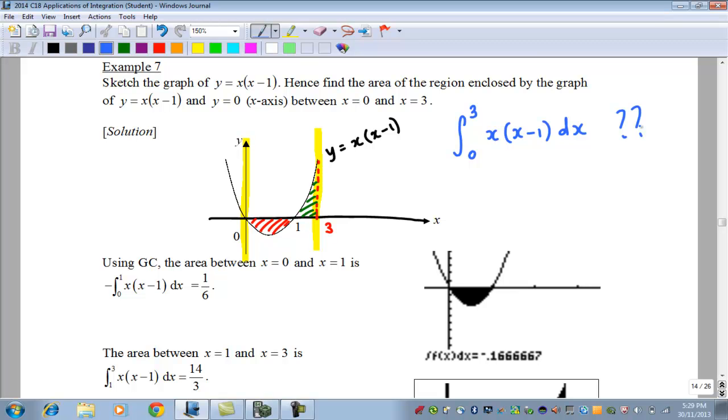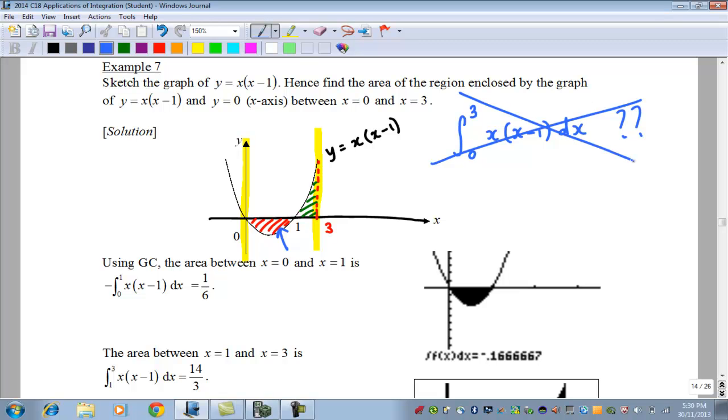The answer is no. Why is it not possible for us to do it this way? Because this red shaded part is actually below the x-axis. Recall that if I have a region below the x-axis, I have to put a negative in front of the function. So in other words, this will not work.